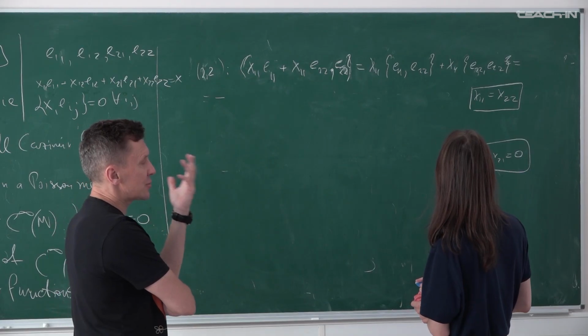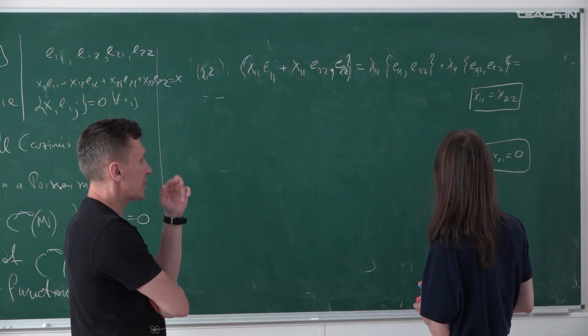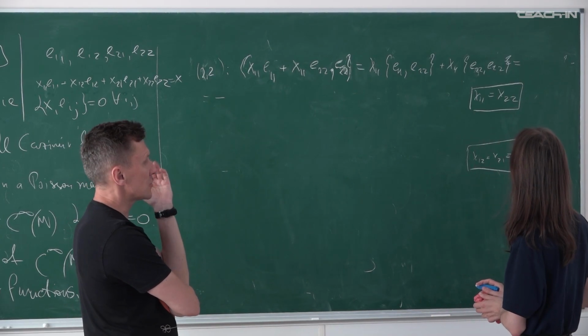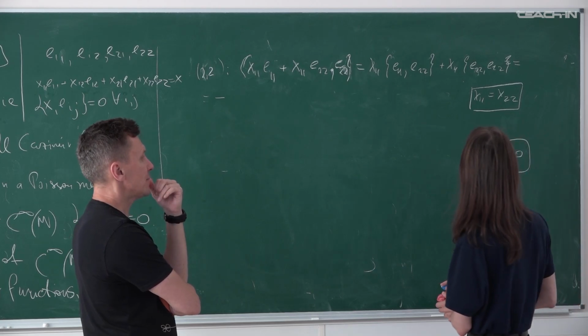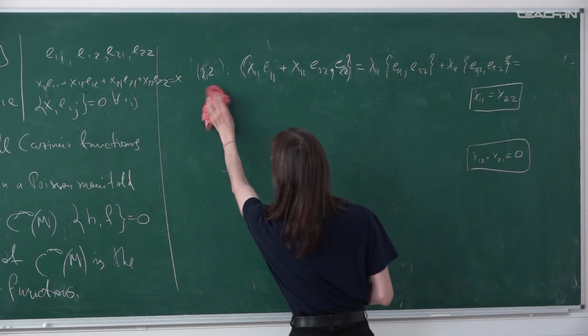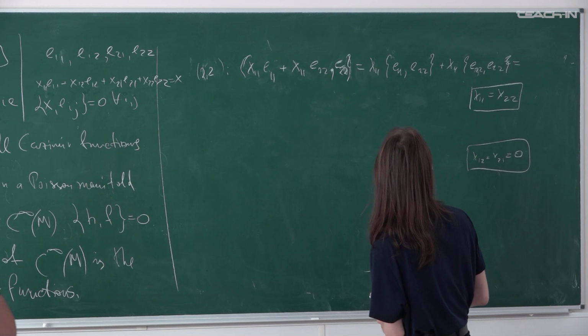Second is 0 because our bracket is skew-symmetric. If you put the same argument, you get 0. Okay? So what is the answer? This is also 0.